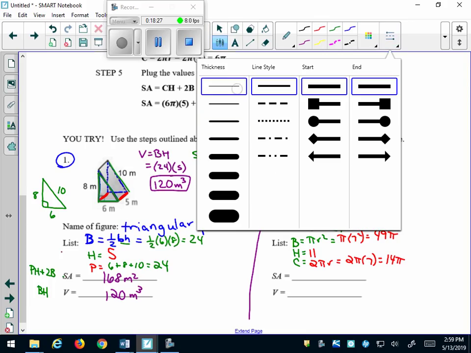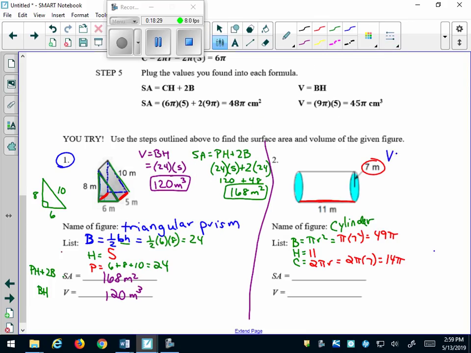We're going to do volume is BH, which is area of the base B is 49 pi. Height is 11. So for the area of the base, I'm sorry, for the volume, we're going to get 539 pi cubic meters. And now for surface area, do it down here.